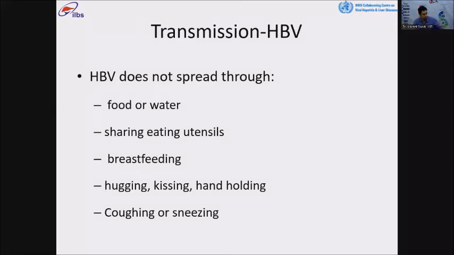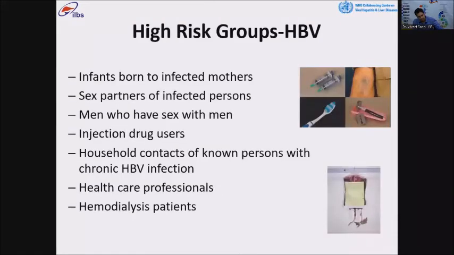Once you find someone in your family, among your relatives or friends, that is the reason we always tell them not to discriminate. It's not their fault that they got this infection. Maybe because of some unfortunate incident this might have happened, and so they need not worry. Do not discriminate against them, please.